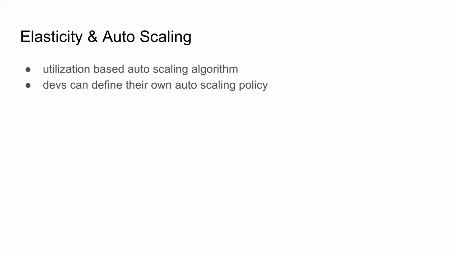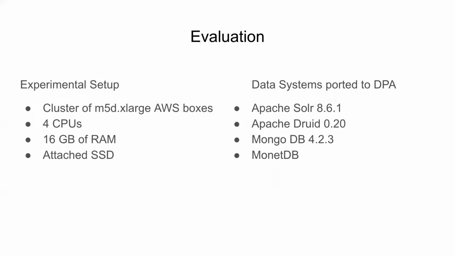So the goal of the paper was that they would define these new abstractions, and these abstractions would have similar performance to what the current systems have. So for this, they've evaluated four systems.